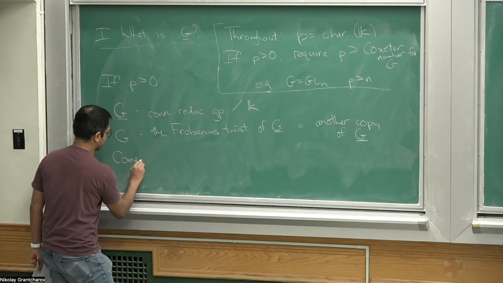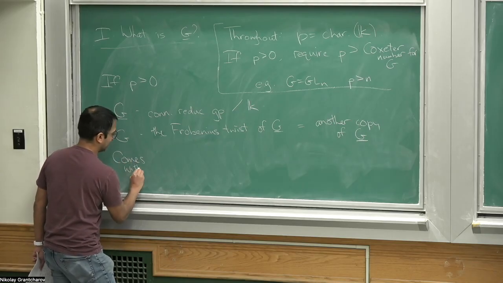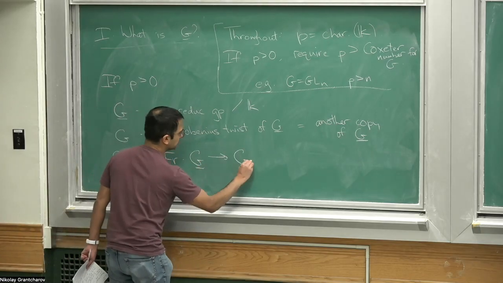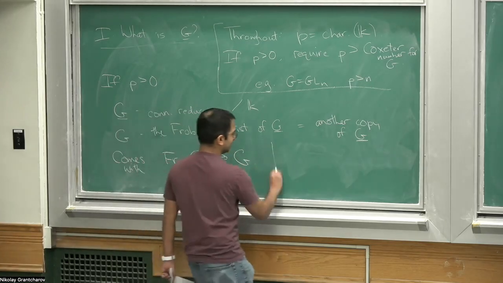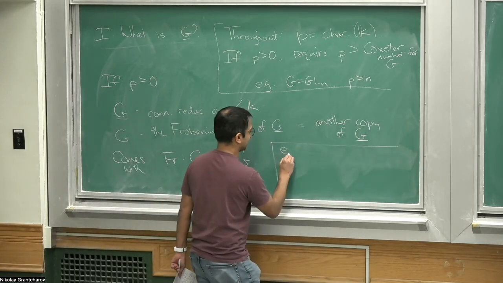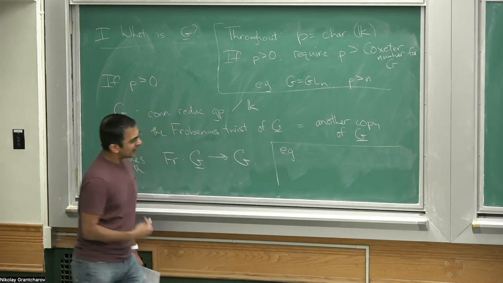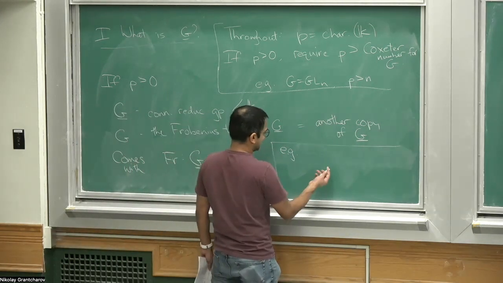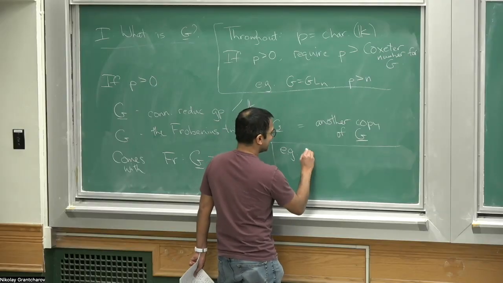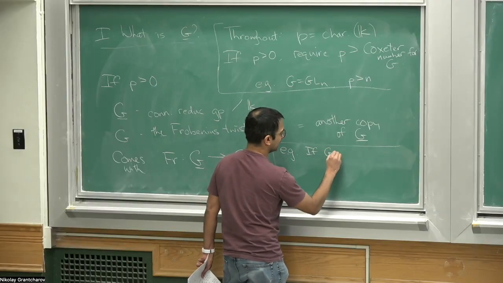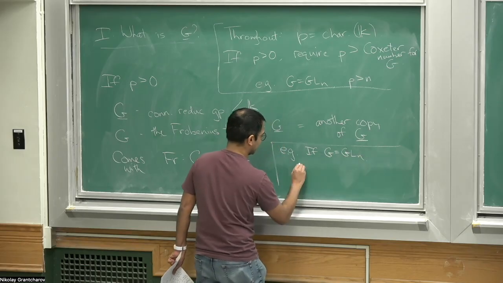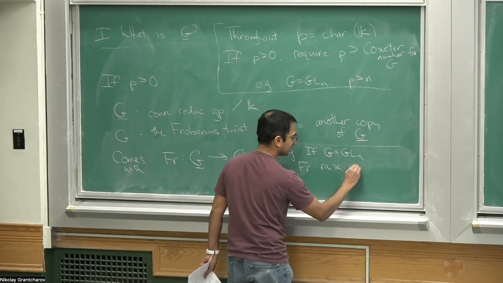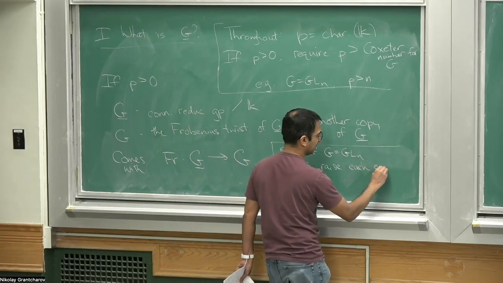And because this is the Frobenius twist, these things come with a Frobenius map, which goes from G underline to G. An example is, it's not just an example, it's every example: if G equals GL_N, then the Frobenius map is raise each entry to the pth power.